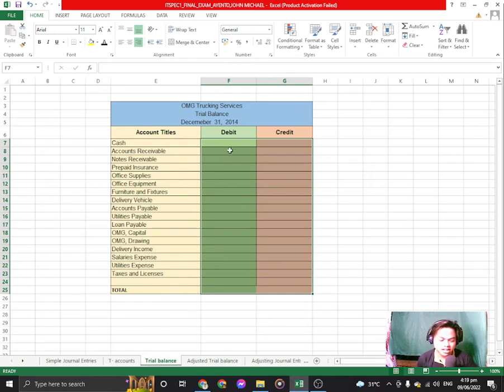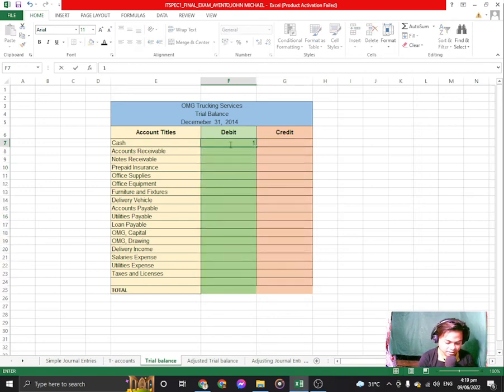So, sa trial balance na to, we have the cash, 1,873,400 pesos. And then accounts receivable, we have 77,000. Note receivable, we have 11,000 pesos. And then prepaid insurance, we have 46,000 pesos. And then office supplies, we have the 2,000 pesos.